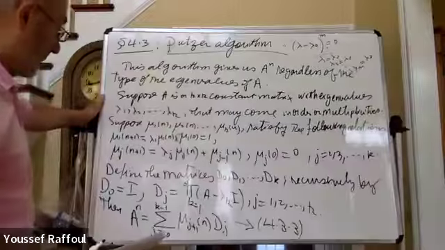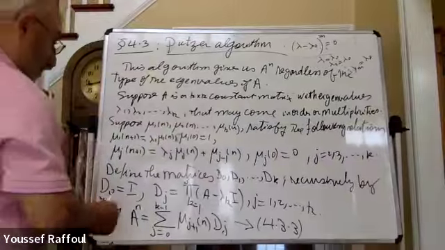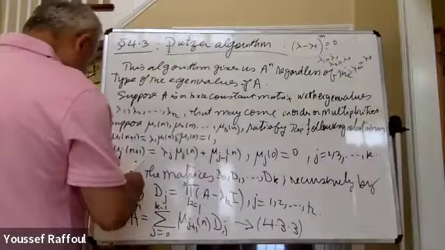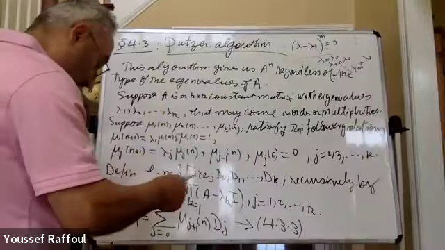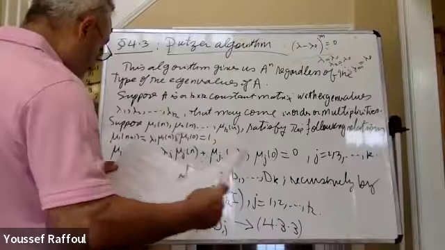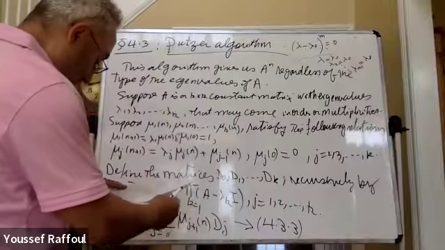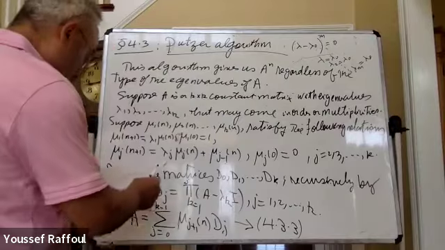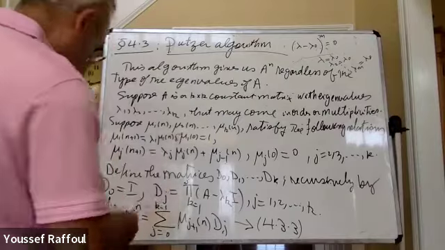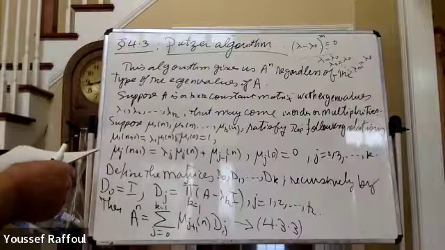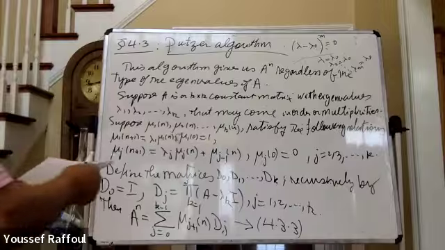So here, let me go back to the formula. Where is it? D_j is the product k equal 1 to j of A minus lambda k I. All right. Okay.